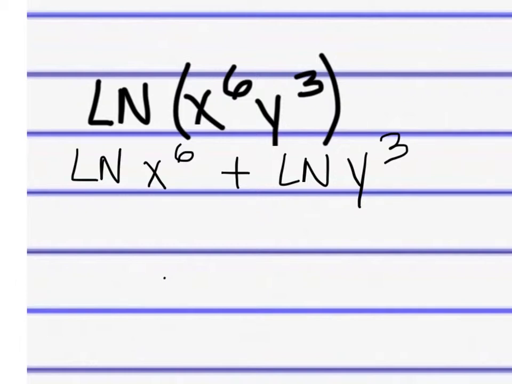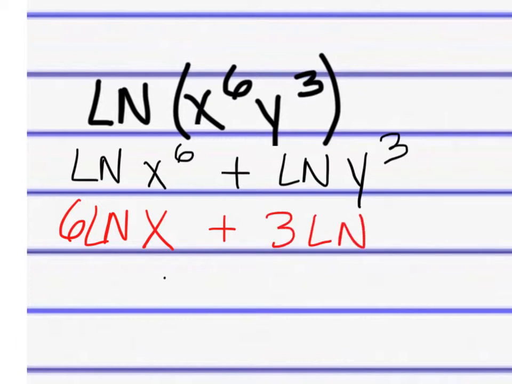Then you can use the property that we learned yesterday, which is you can move exponents out to the left of the log. So it becomes 6 log natural x plus 3 log natural y.